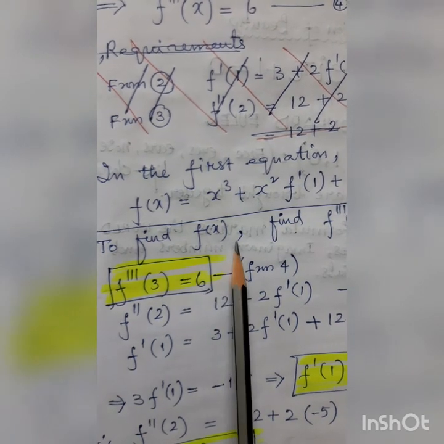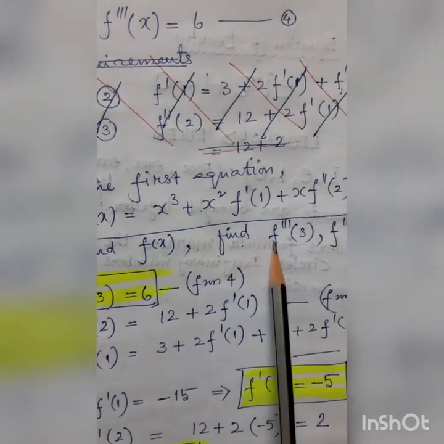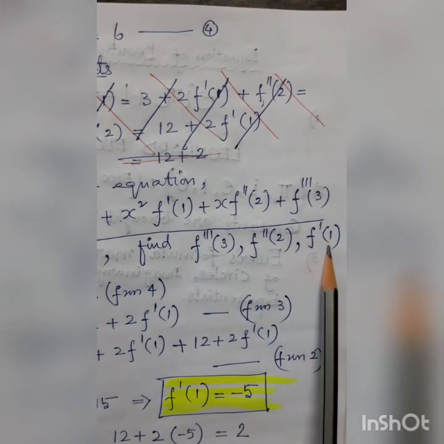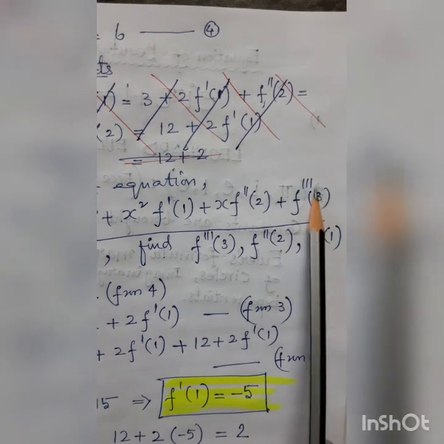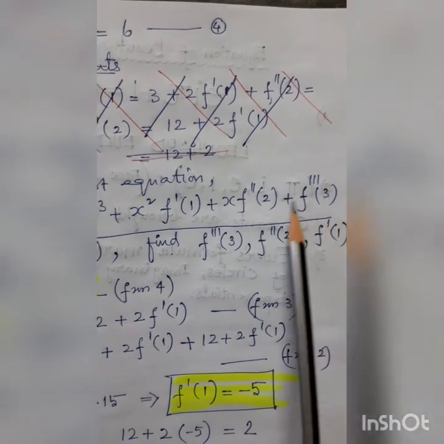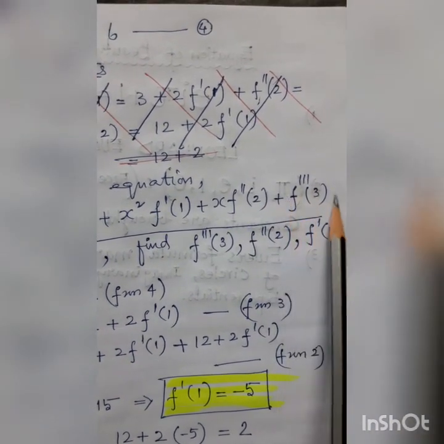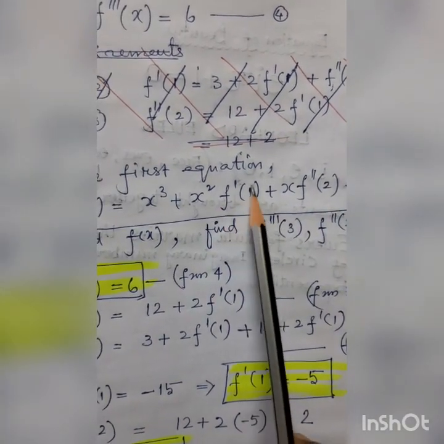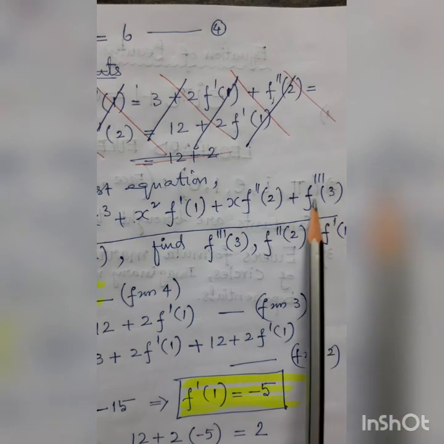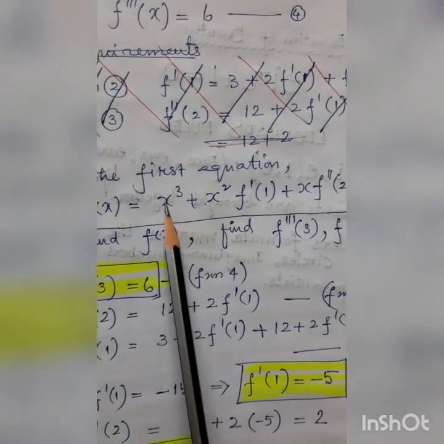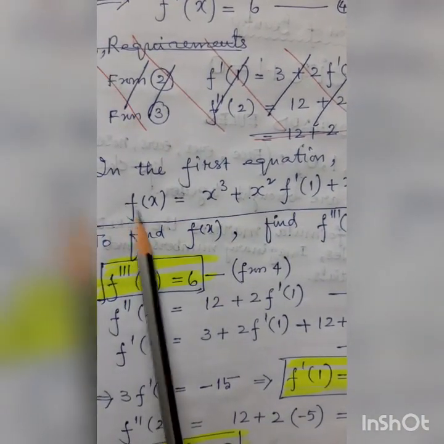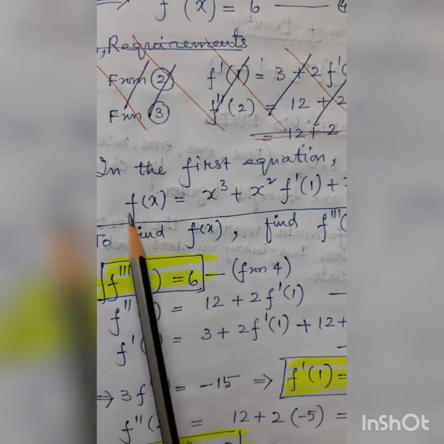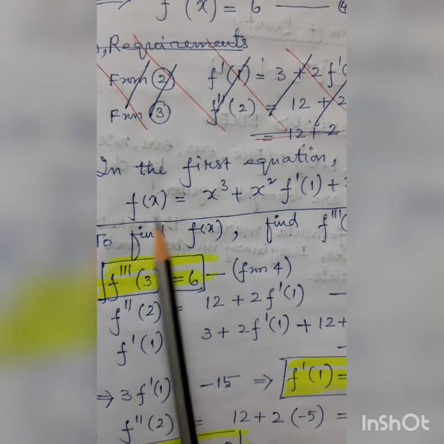To find f of x, we must find f triple dash 3, f double dash 2, and f dash 1, because they are in the equation. These are constants we must know. If you substitute all these constants, we get f of x, and then you can easily find f of 2, which is required in the question.